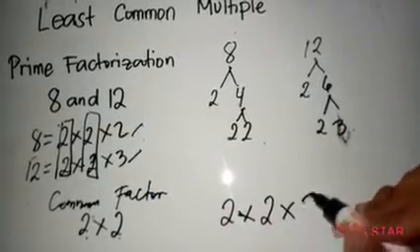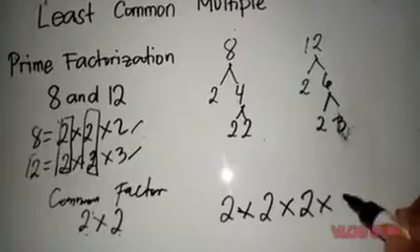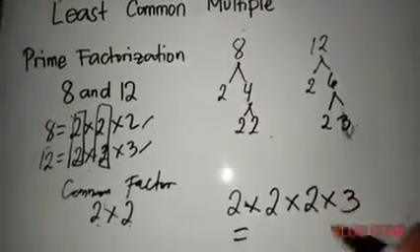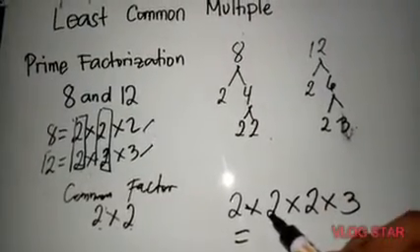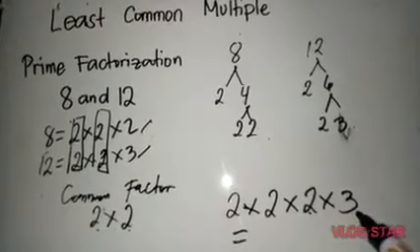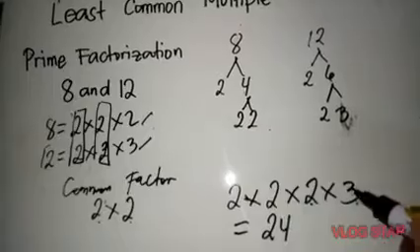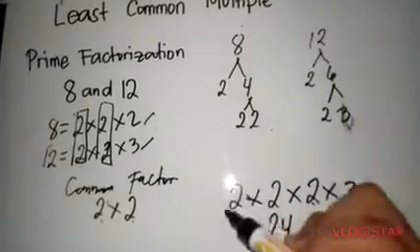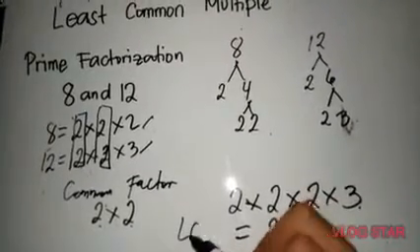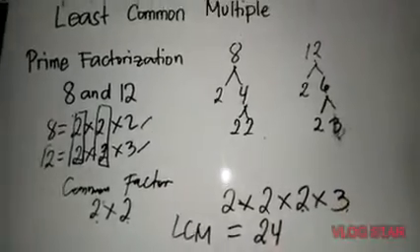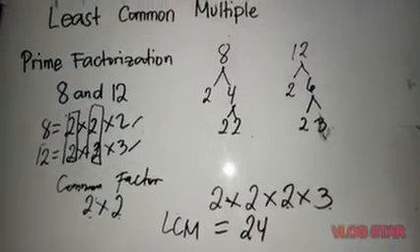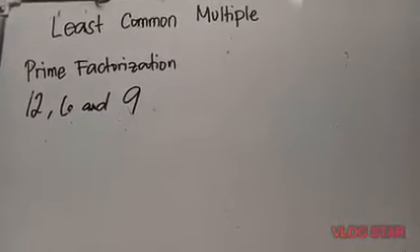So 2 times 2 times 2 times 3. 2 times 2 is 4, times 2 is 8, times 3 is 24. So it means that the LCM of 8 and 12 is 24.